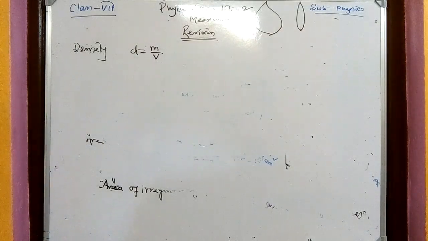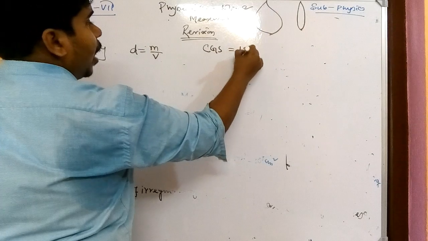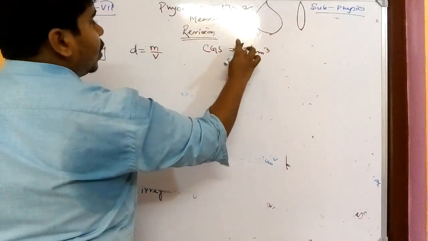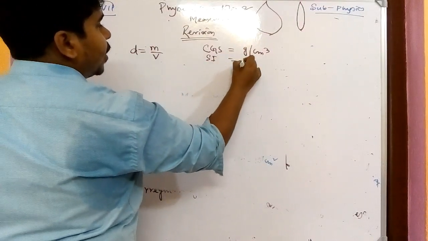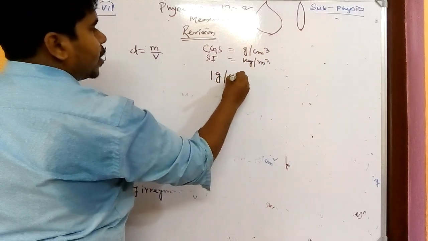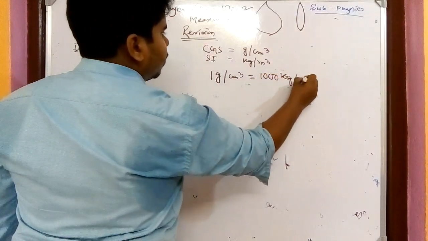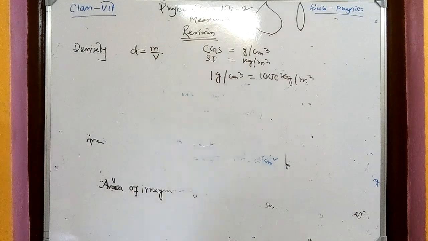Density D equals m by V. Its CGS unit, which is mainly used, is gram per centimeter cube, and SI unit is kg per meter cube, and the relation is 1 gram per centimeter cube equals 1000 kg per meter cube, which was also told to you. So I think no need to panic. How the density changes with temperature, that we have discussed. Anomalous expansion of water, it is discussed.